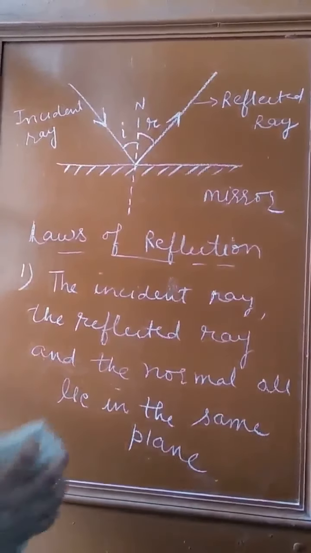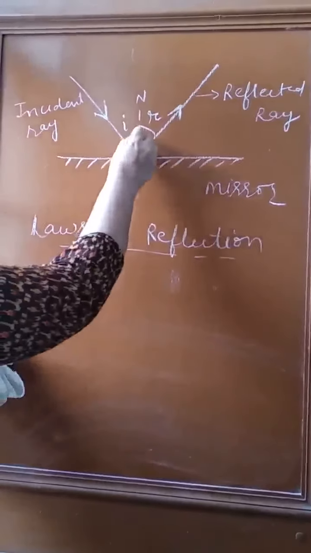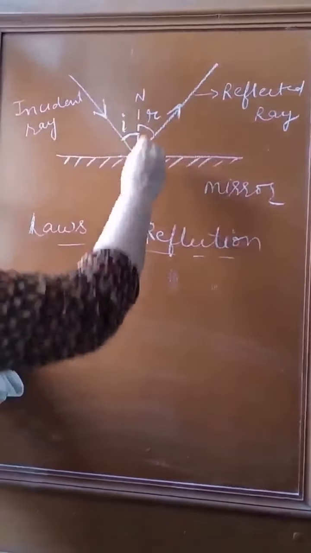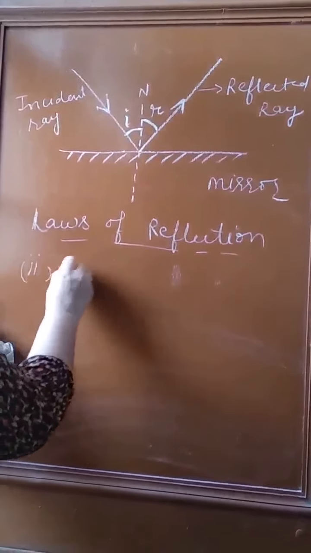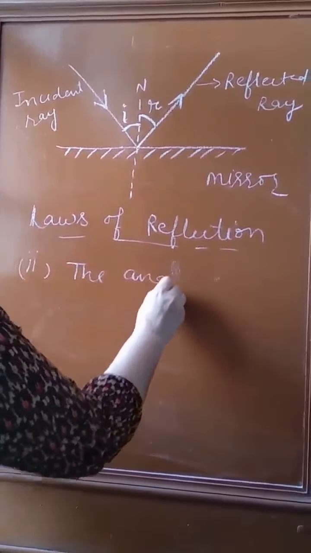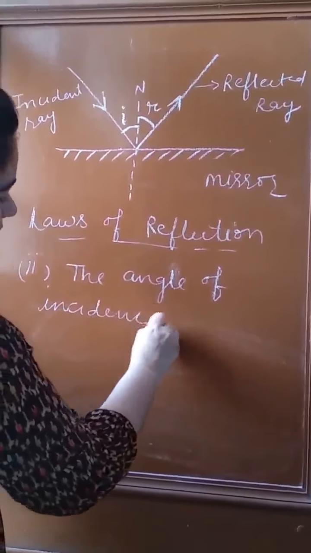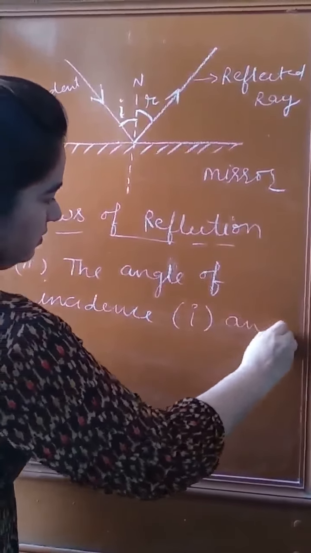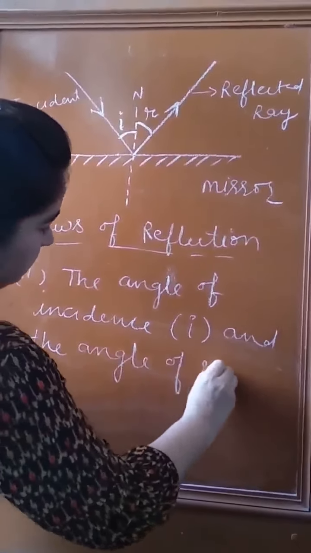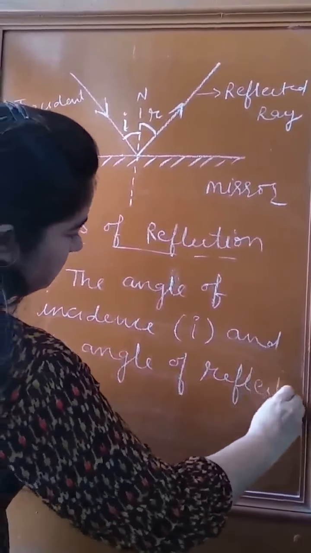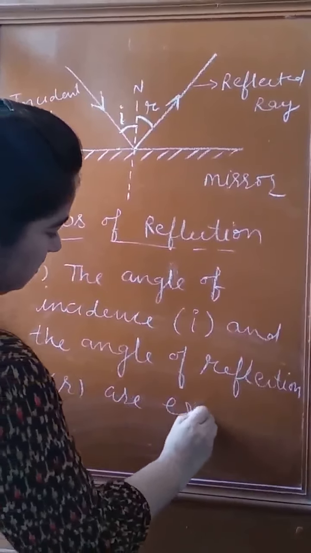Now next is the second law of reflection. The angle of incidence I with the normal and the angle of reflection R are equal.